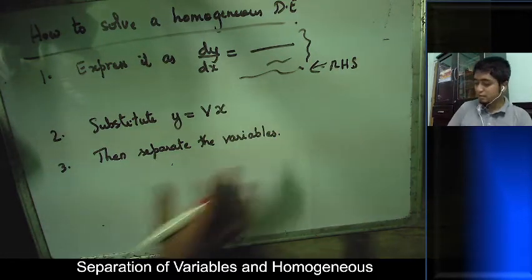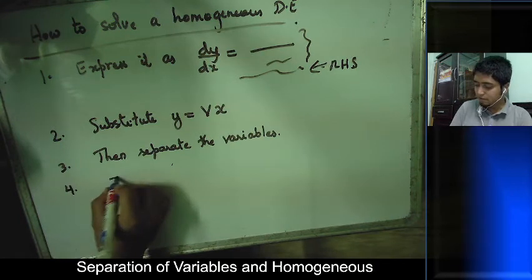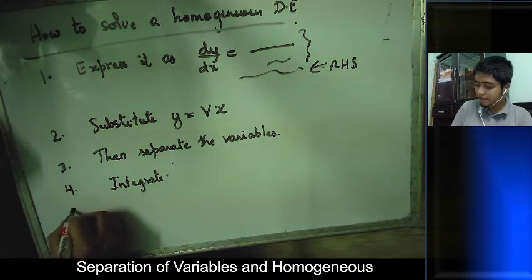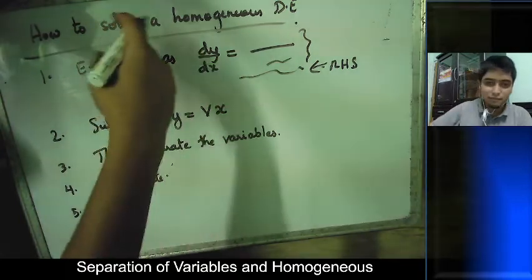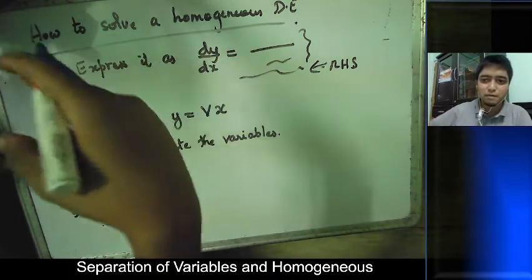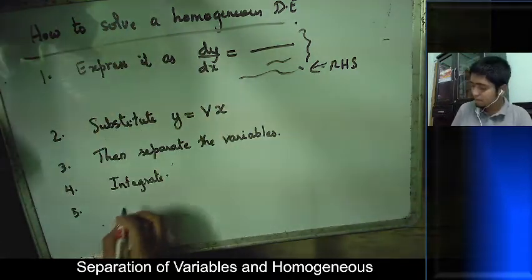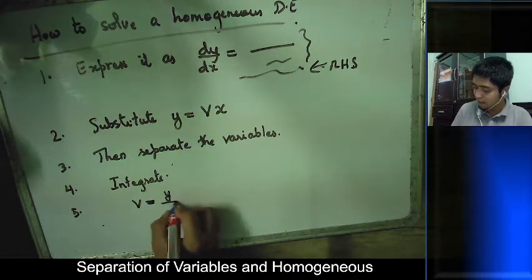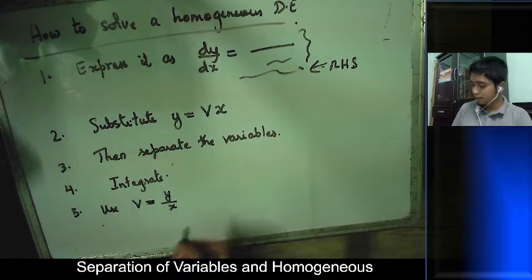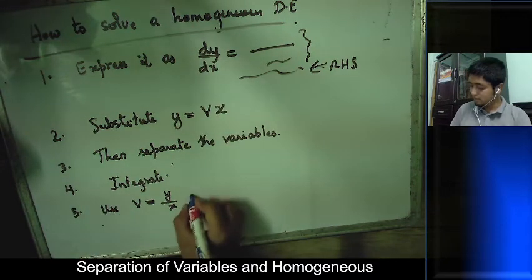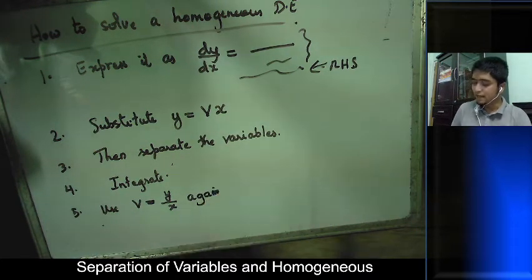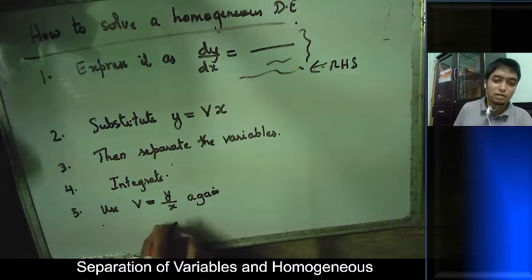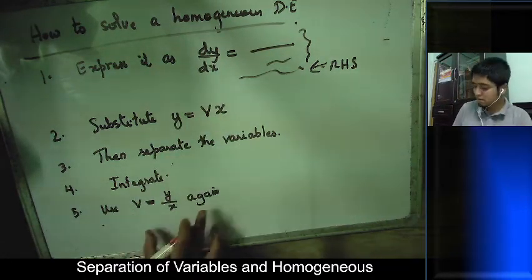When you separate the variables, you will have to integrate. After integrating, remember that the final solution will be in terms of x and y. So you will have to use v equal to y by x, since we used the substitution, so we will have to convert it back into y and x.